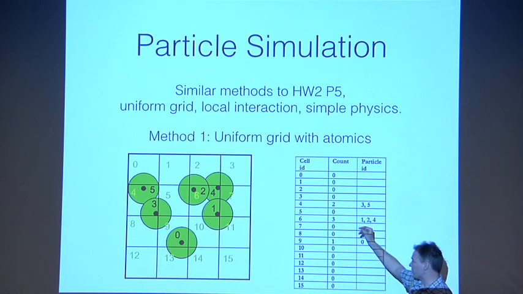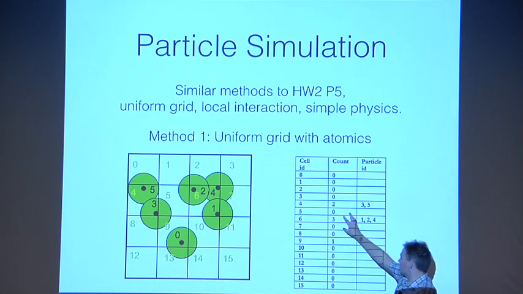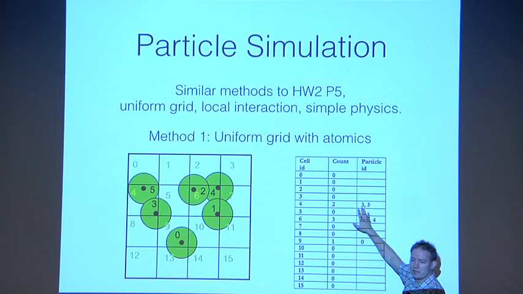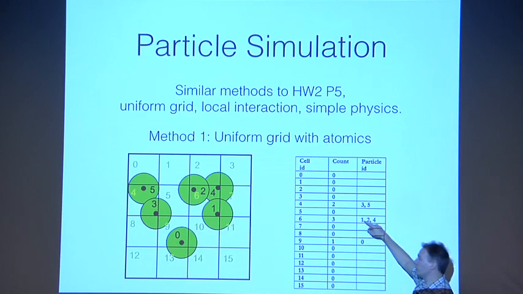We'll initialize an array to 0, and then when we want to build the grid, I'll atomically read the value where I should store it and increment that, so the next person that comes along stores in the next location, and then I'll write my ID in here. And then when we need to process the data for a particular node, we just ask which particles are here, and when I need to search locally, I can very quickly say, where are my neighbors? The same way that we did in problem 5.